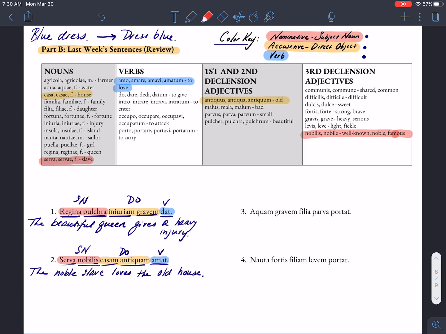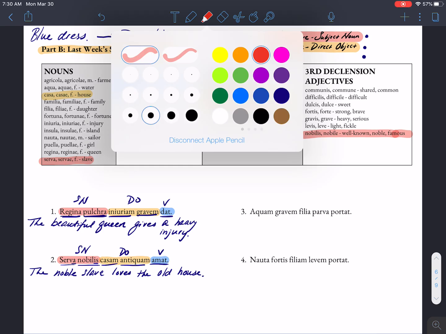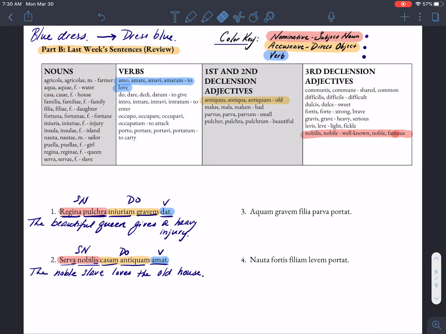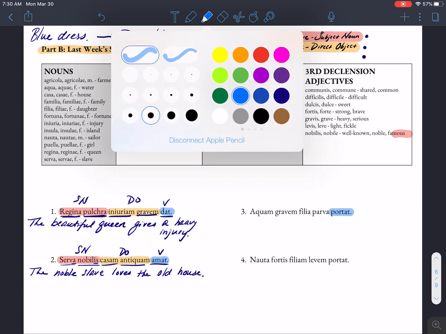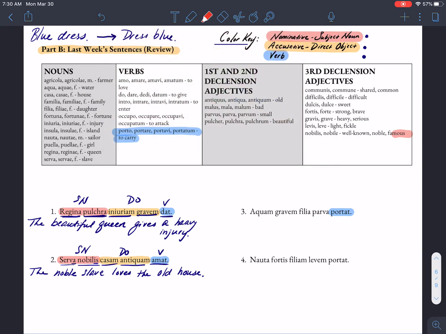Number 3, aquam gravem filia parva portat. First things first, we must find the verb. It's portat here, coming from porto, portare, portavi, portatum. Now we need a nominative singular subject. We've got one, filia parva.